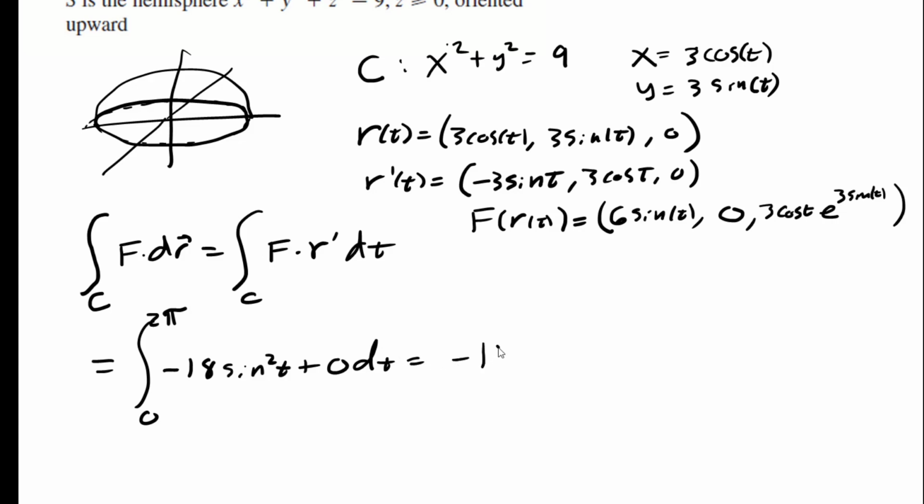So that's minus 18 times the integral from 0 to 2 pi of, rewriting sine squared, 1 minus cosine of 2t over 2 dt.